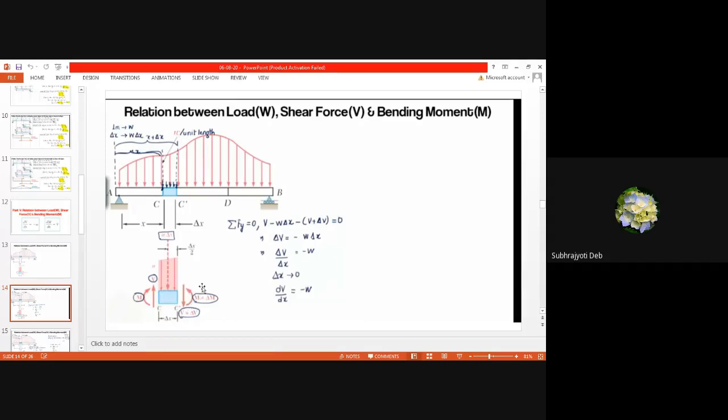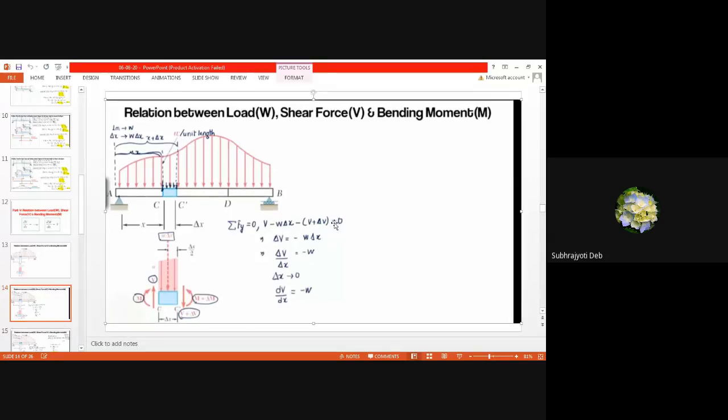Your shear force is V, and it is upward, so it is positive. V minus this force W delta X, it is downward, so that is minus, and again minus V plus delta V, this is also downward, so this is minus, is equal to 0.